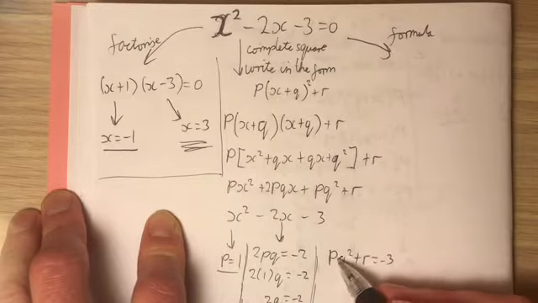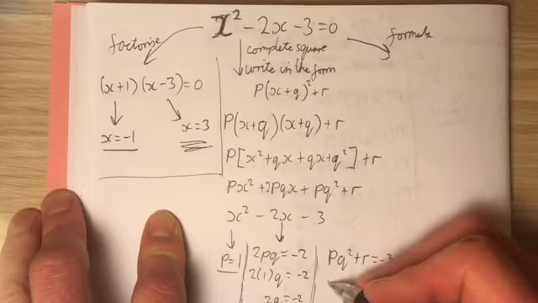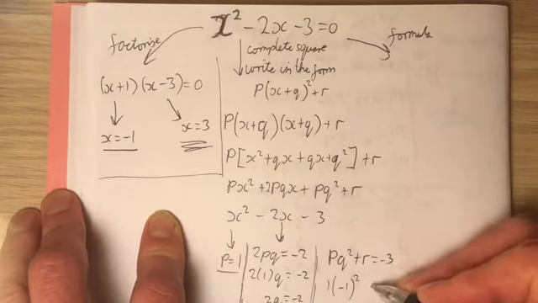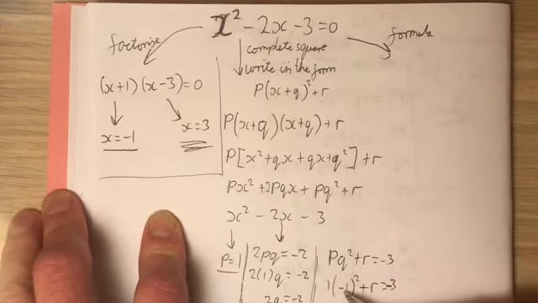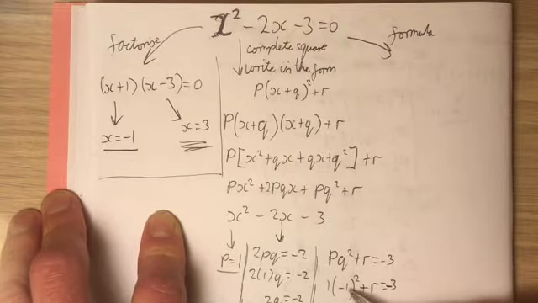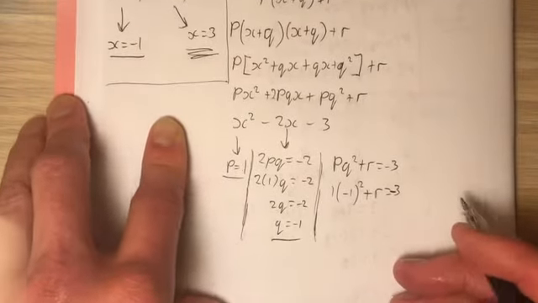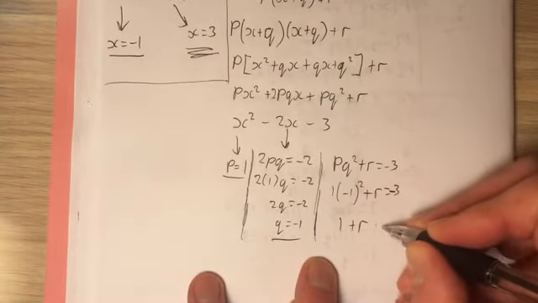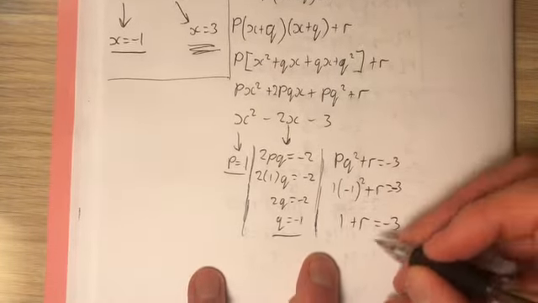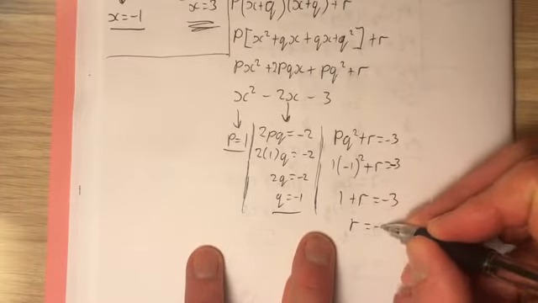Now p is 1, q is negative 1, so 1 times negative 1 squared plus r gives me the negative 3. Negative 1 squared, minus times minus is a plus. So what's going to happen is I'm going to have 1 plus r equals negative 3. And so r is going to be negative 4.